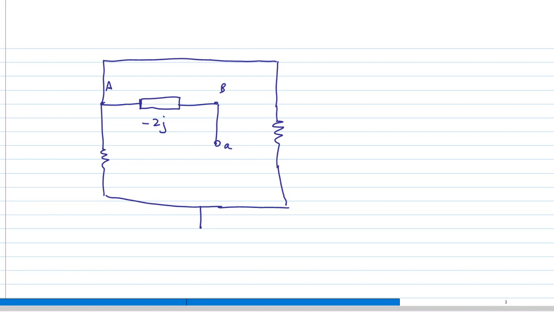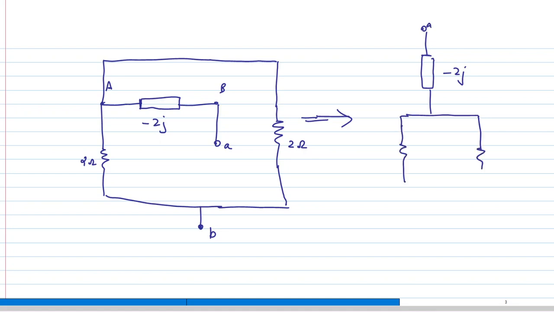This will be the B terminal. Now I am going to simplify the circuit a little bit by flipping the terminal A to the upper side. This circuit is just the same as the earlier circuit, there is no change except that I flipped the branch which is connected to the terminal A. So this is the given circuit right now.